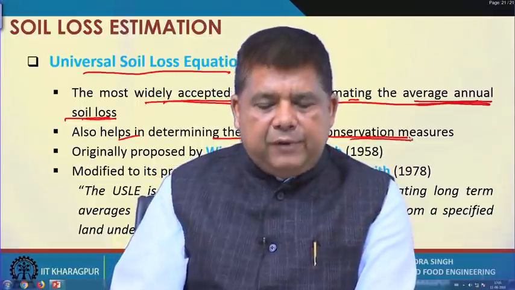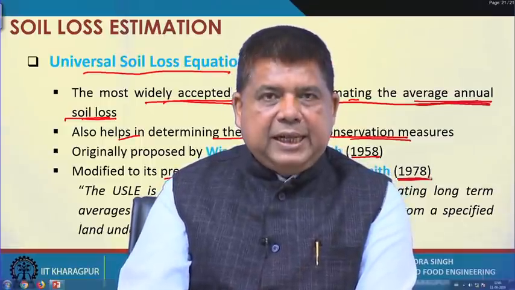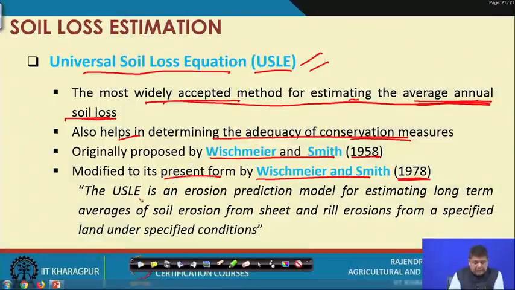This USLE was originally proposed by Wischmeier and Smith in 1958, and later on Wischmeier and Smith themselves modified this equation to its present form in 1978. The definition of USLE reads like this: the USLE is an erosion prediction model for estimating long term averages of soil erosion from sheet and rill erosion from a specified land under specified conditions.